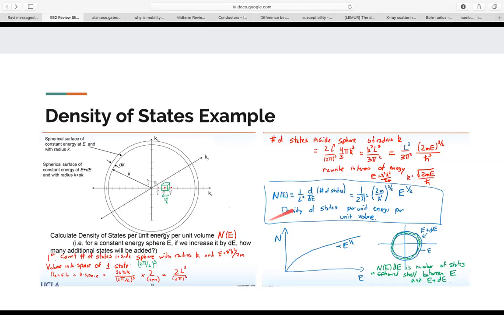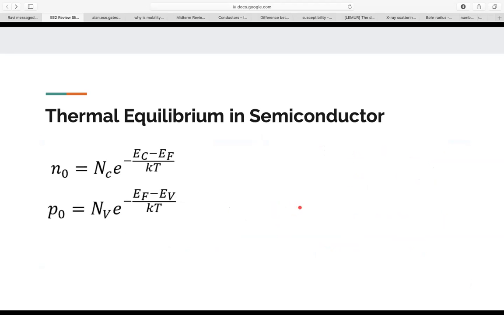So when you go back, NC and NV are both temperature dependent. N naught and P naught, your number of electrons and number of holes at thermal equilibrium, are also temperature dependent. But usually you can assume 300 K, which is room temperature, and then you can just look up those constants.